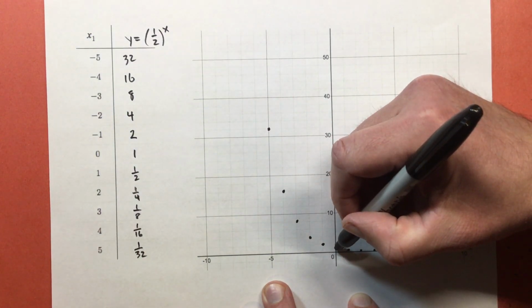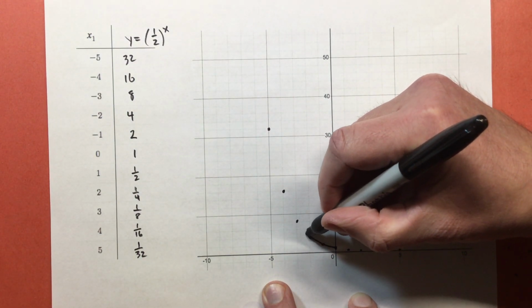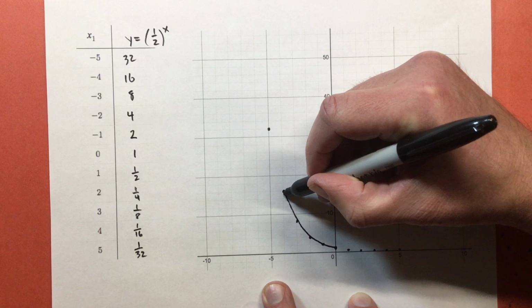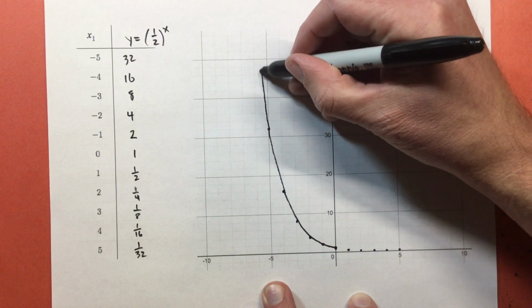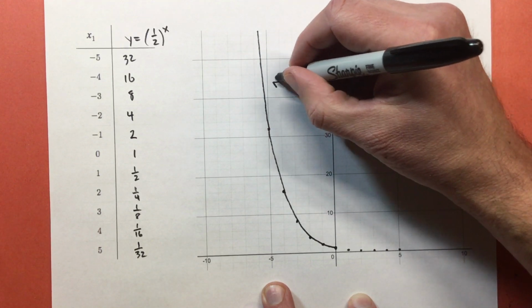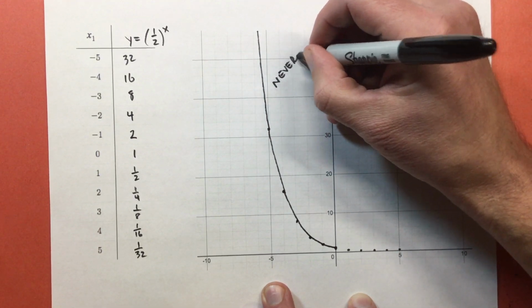So if I draw this graph, I'm going to curve this like this. Now it's getting really steep, but never vertical.